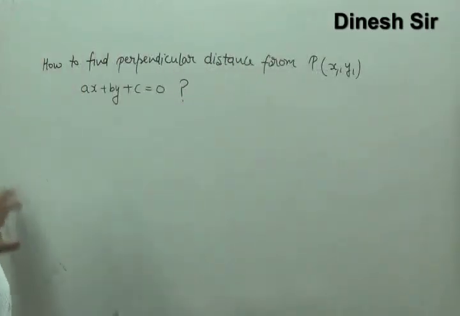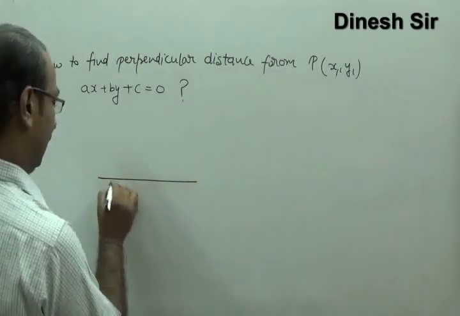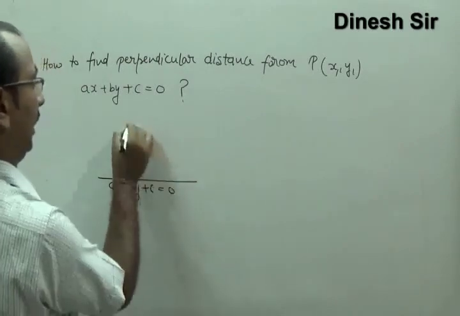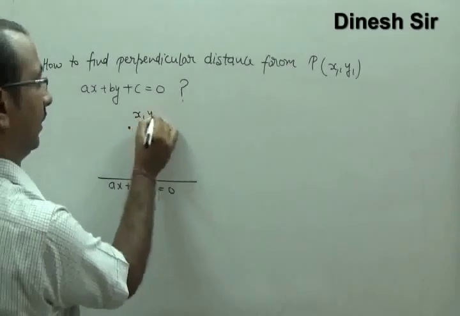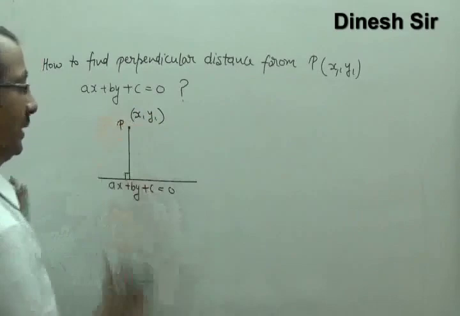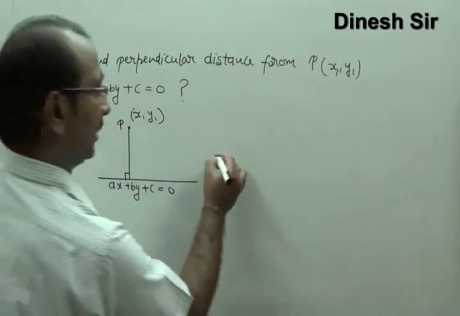Suppose the equation of a line is given, that is ax + by + c = 0, and this point (x1, y1) is given. We have to find out the perpendicular distance from this point over this line. Your formula is very simple.